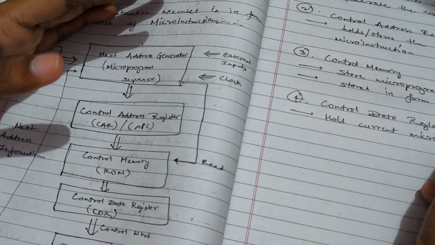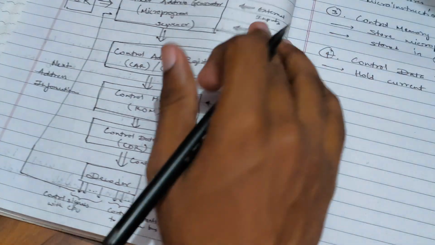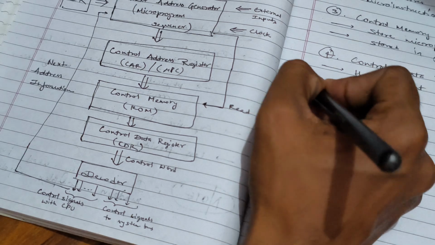Now let us write down the working of this microprogram control unit, whatever we have seen in the block diagram, step by step.